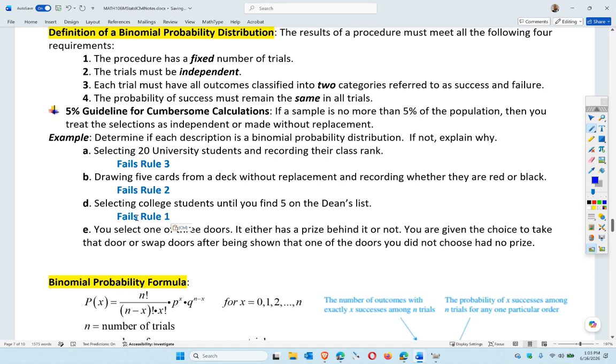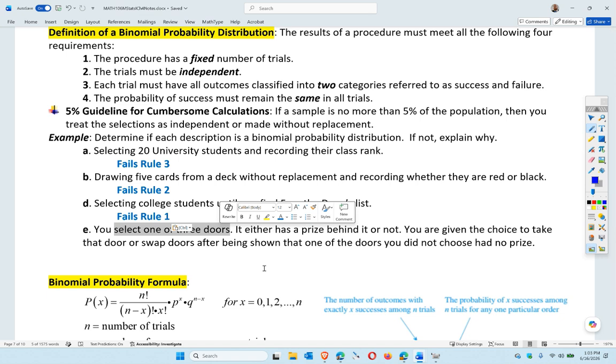We don't know. Let's say you select a door out of 3 and you either win a prize or you lose a prize, right? 2 categories, win or lose, right? If either has a prize behind it or not, you are given the choice to take the door or swap to the other one being shown that you did not choose. Okay?